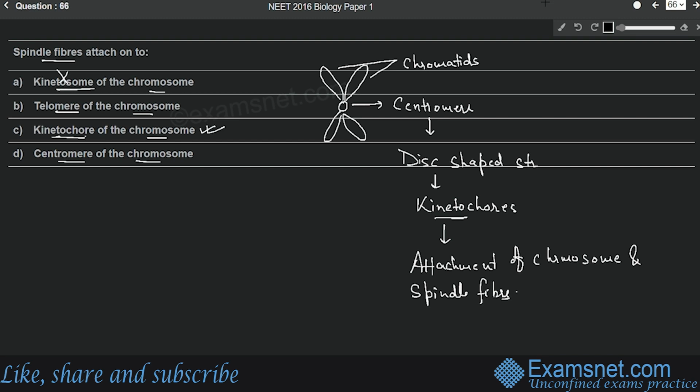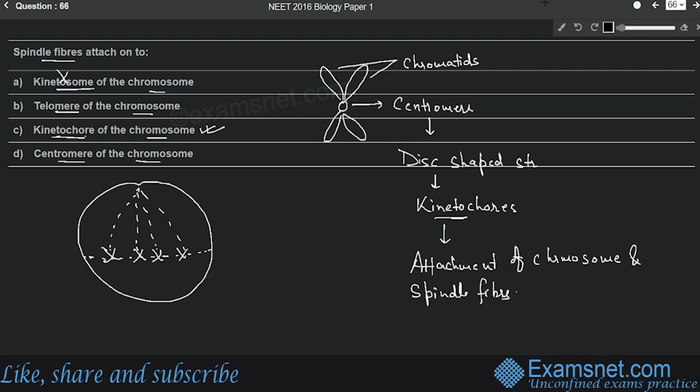Okay, we know that suppose these are the chromosomes, this is the cell, then during the metaphase of the cell division, the chromosomes are aligned at the equatorial plate, right? So these are attached with the spindle fibers. The other end of the spindle fibers are attached with the poles.